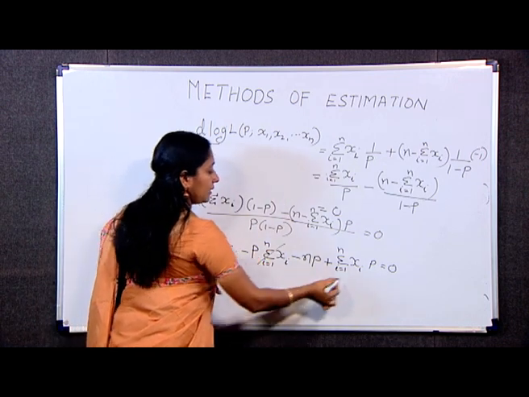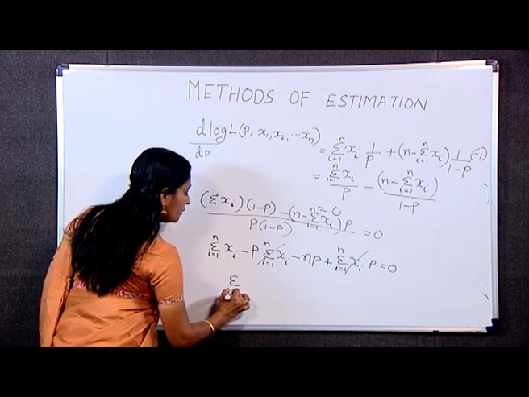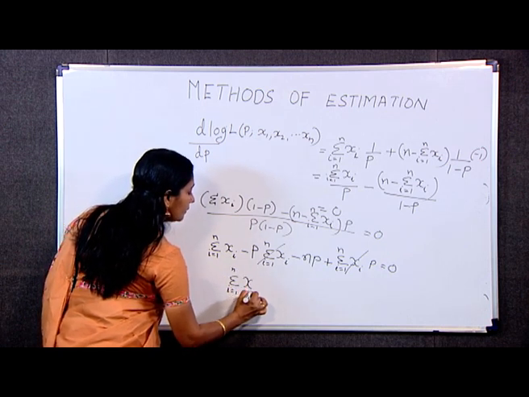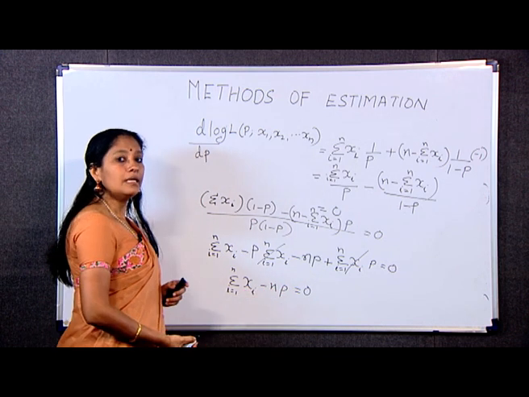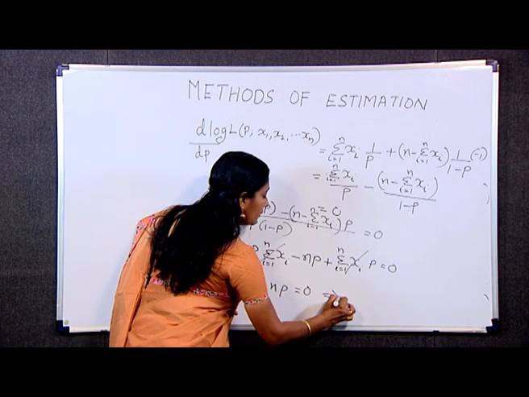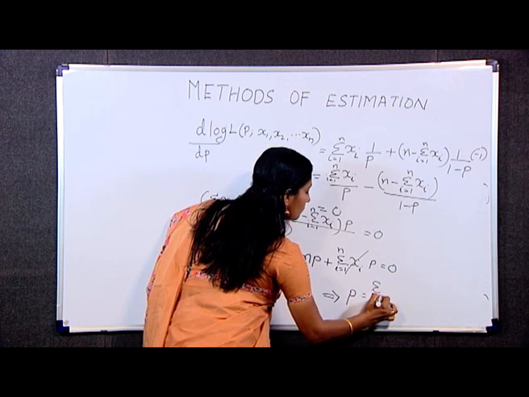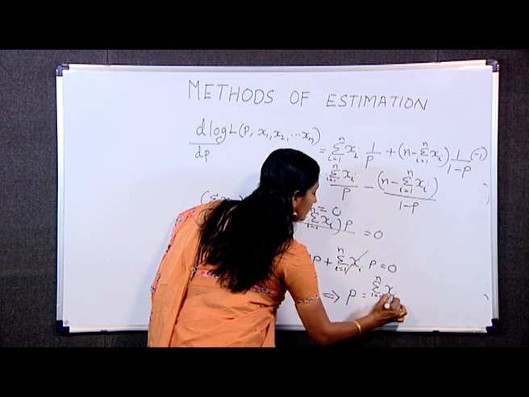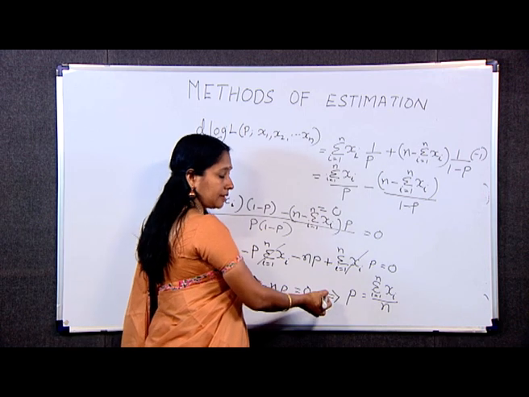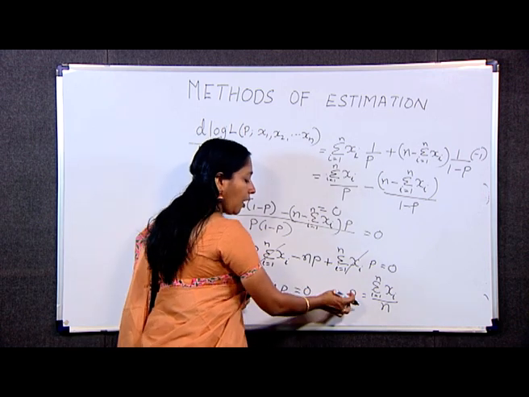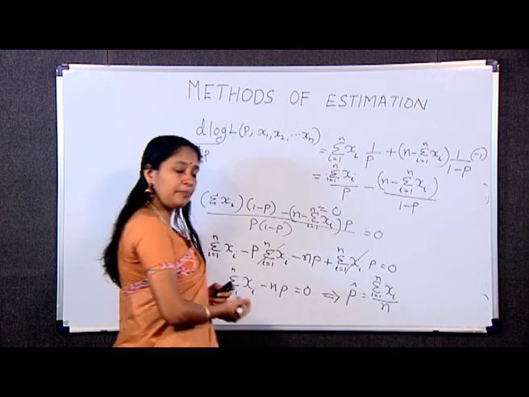These two terms are cancelled and we get summation i = 1 to n xi minus np is equal to 0. This implies p is equal to summation i = 1 to n xi divided by n. This is an estimator of the parameter p and we can put this as p hat.